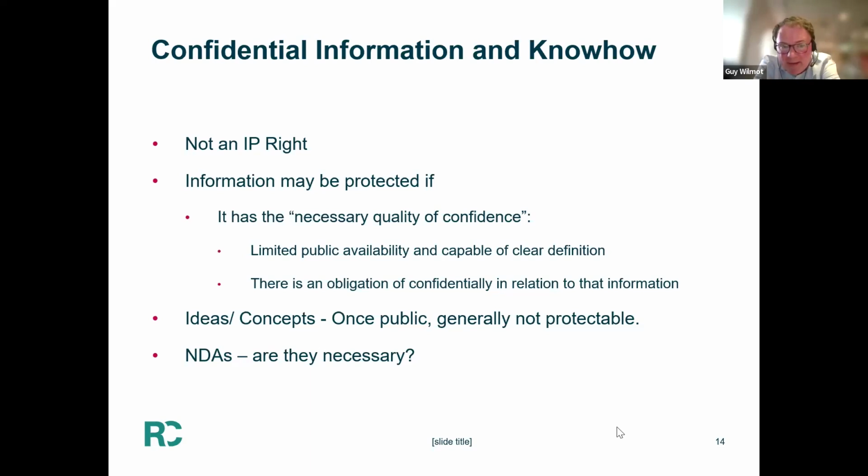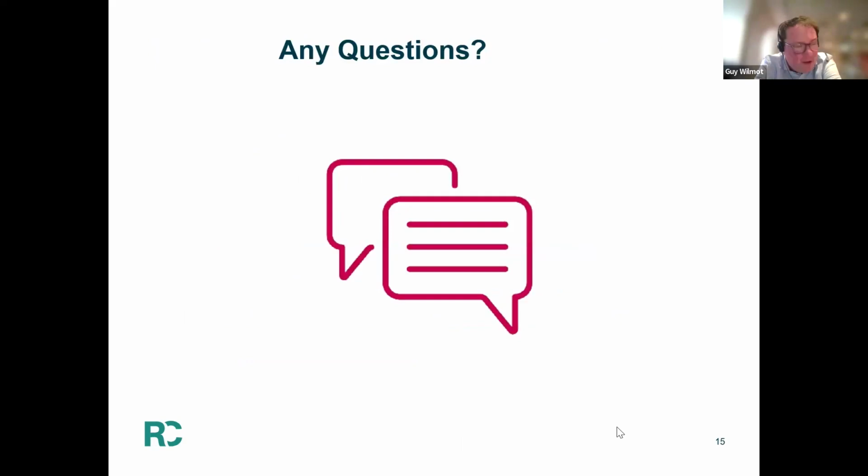So that's the end of a brief canter through the intellectual property rights. Now, just to summarize in 30 seconds what they are again. We've got trademarks, which are registered, relatively low cost. They do need to be protected internationally in different territories, but are very useful for SMEs and startups.